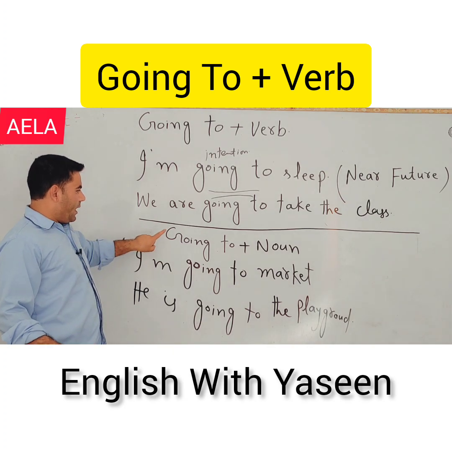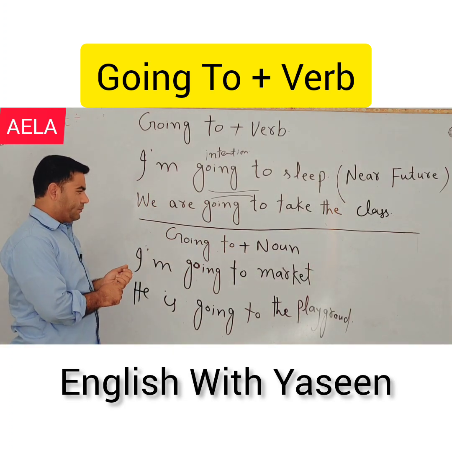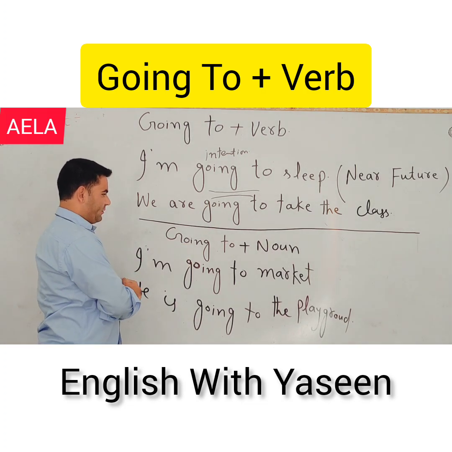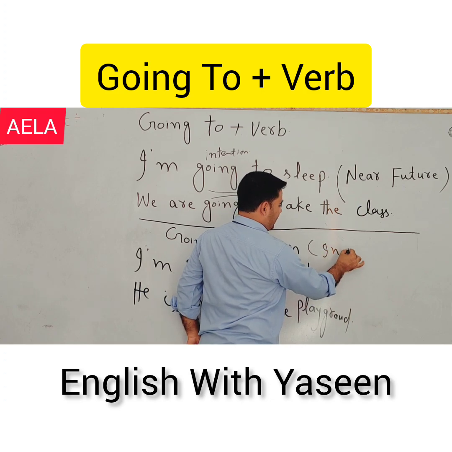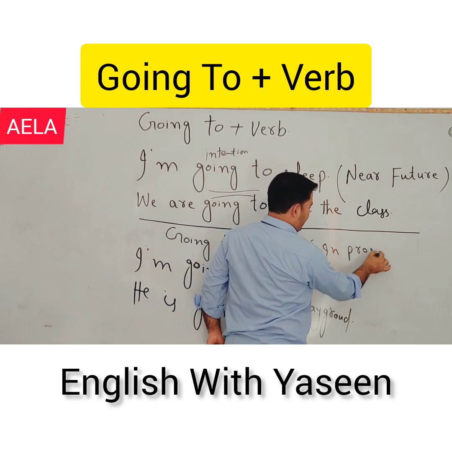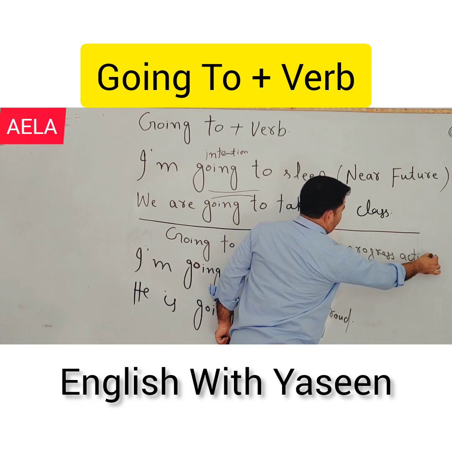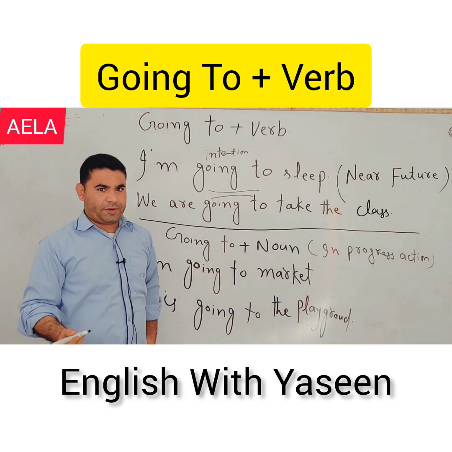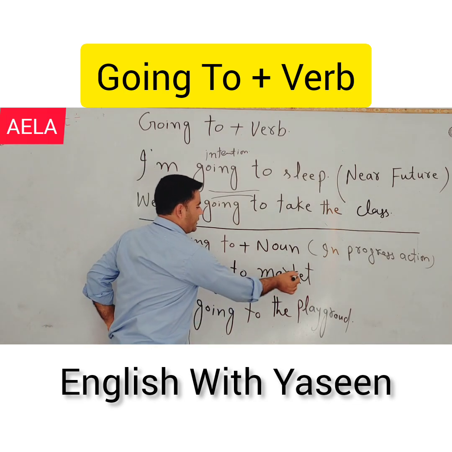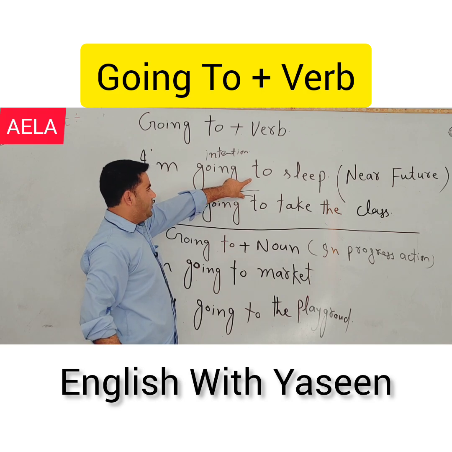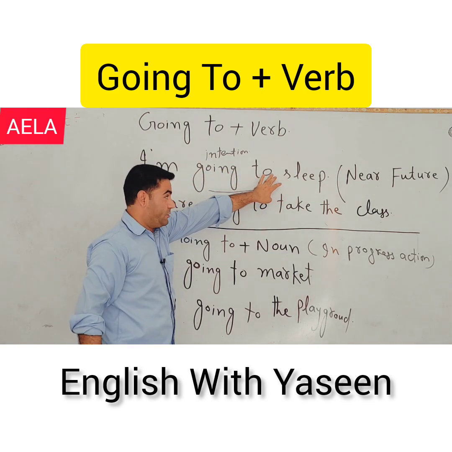But when after going to a noun is used, for example, you see I have mentioned this structure as well, then it is an in progress action. Then it is present continuous tense or present progressive tense. For example, I am going to market. So in these examples, you saw that after going to, we use verbs.